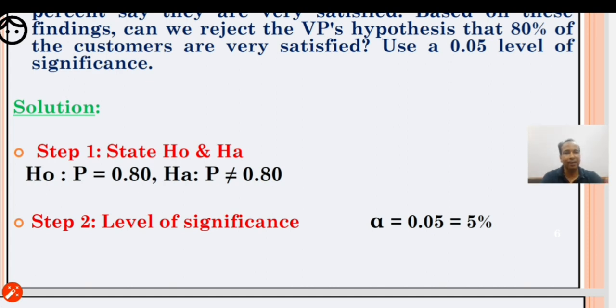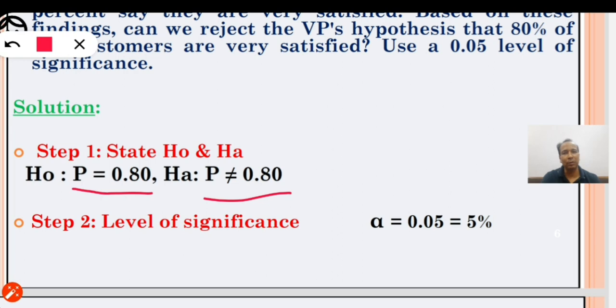Here, the null hypothesis is the claim of the vice president, that is 0.8. It is assumed that the vice president's claim is right. There is no difference between the vice president's claim and the population proportion. So the alternative hypothesis is P is not equal to 0.8.